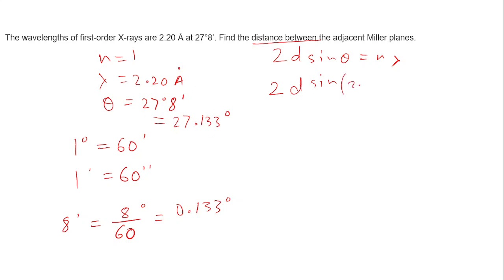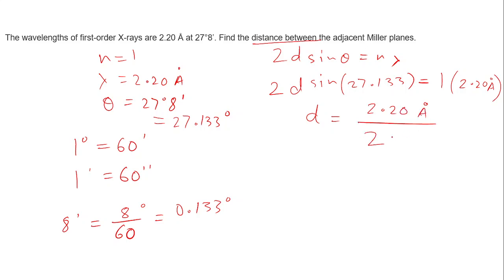When I substitute that value here, n is 1, lambda is given 2.20 angstrom. So d will be 2.20 angstrom divided by 2 divided by sine of 27.133 degree.